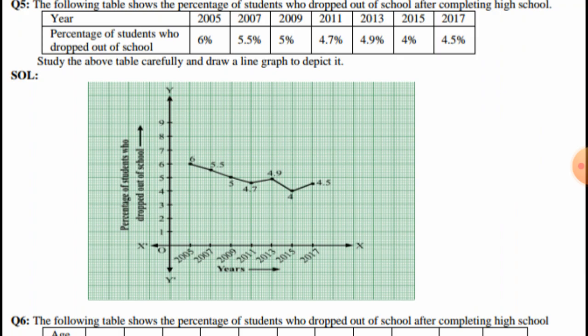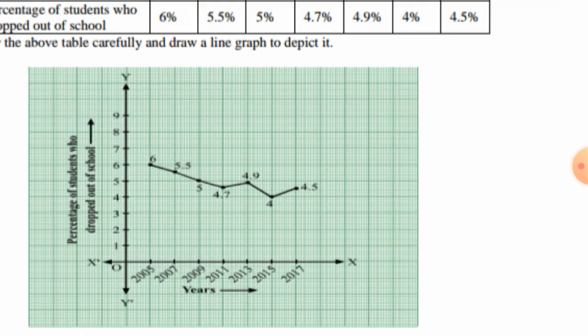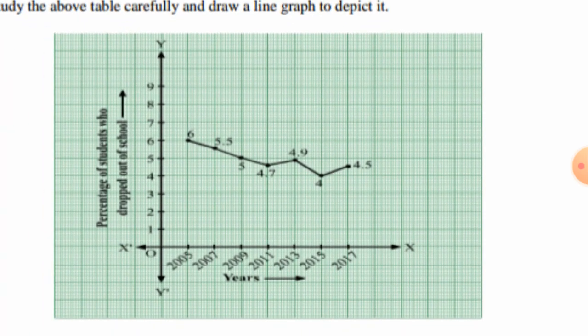So in 2005 it is 6%, 2007 it is 5.5, 2009 it is 4.7, then in 2013 it is 4.9, then in 2015 it is 4, and in 2017 it is 4.5. So in this way we can represent this percentage, and we can represent this graph.